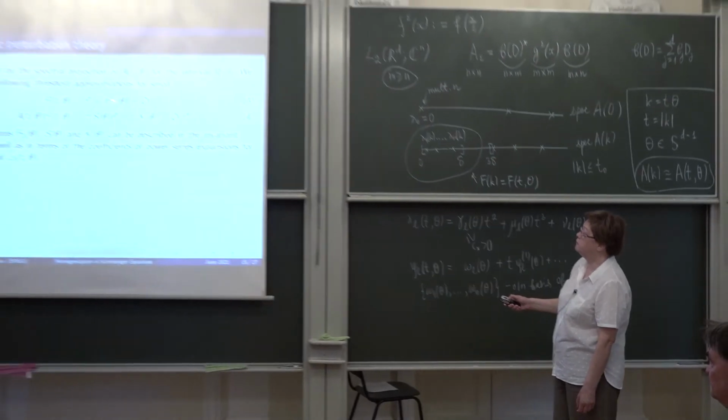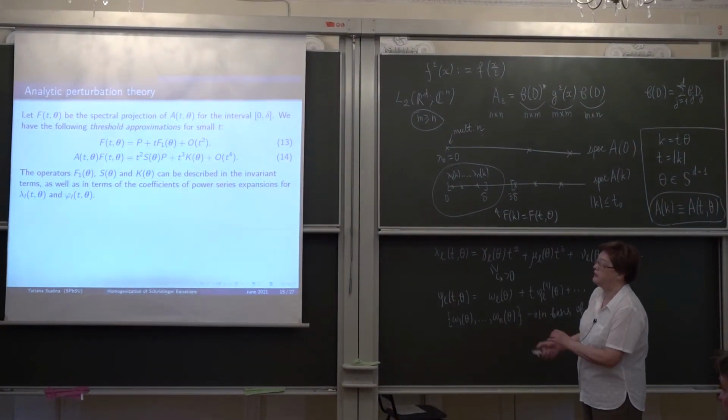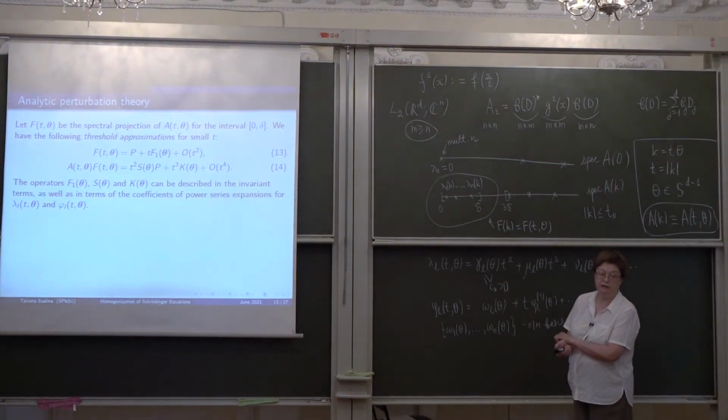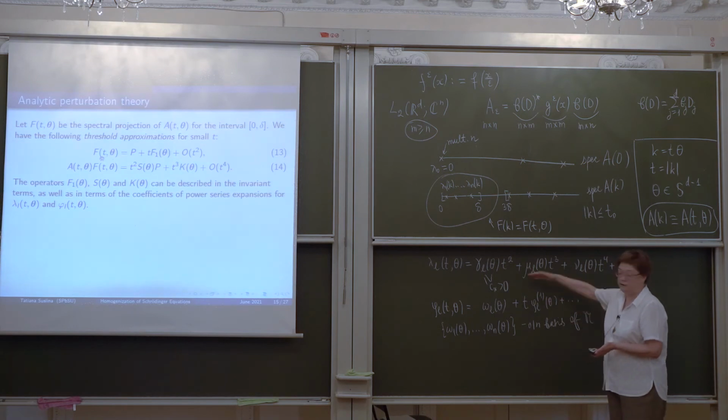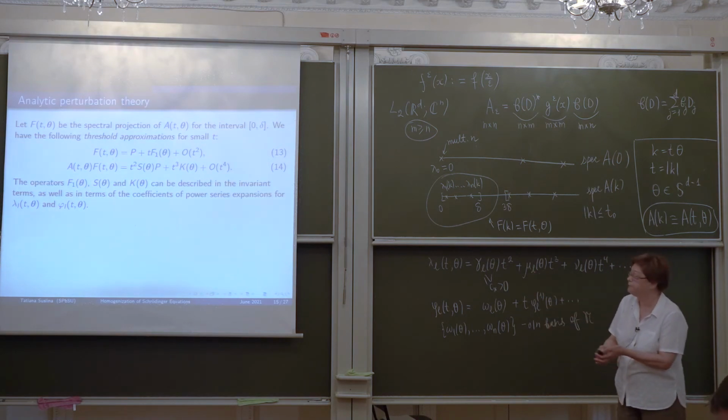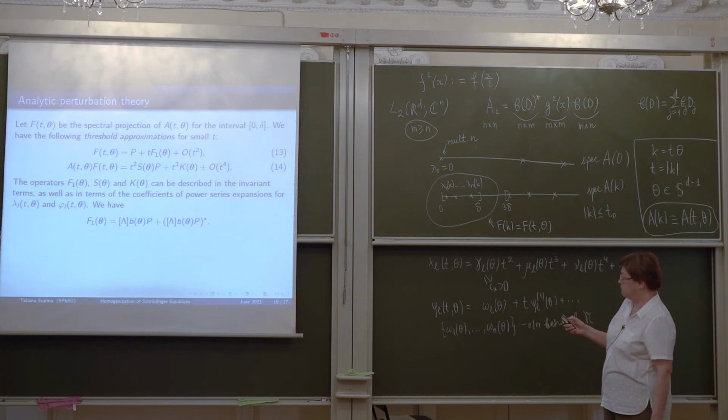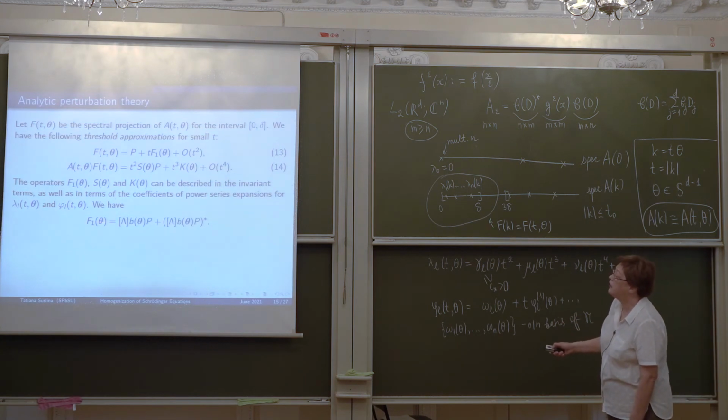These operators F1, S, and K can be described in invariant terms, as well as in terms of the coefficients of these power series expansions. Let us look at F1.